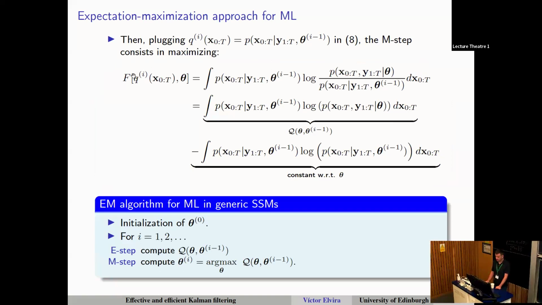When you have this function that depends on two things, one function and the parameter theta. The function originally would have depended on theta, but we plugged the theta in order to run the smoother. Remember that in order to run Kalman and the smoother, any filter and any smoother, we need to set some parameters, right? So in order to find this smoothing distribution, we need to plug in some parameters.